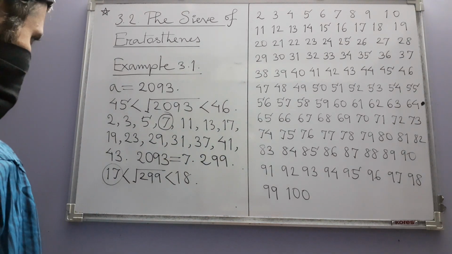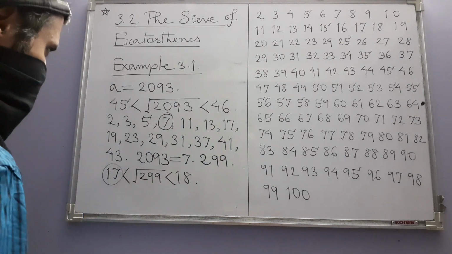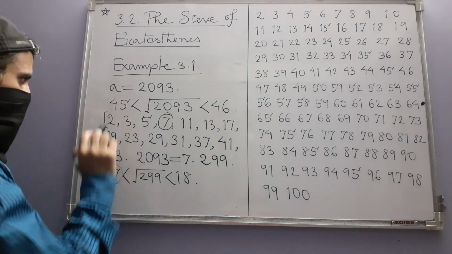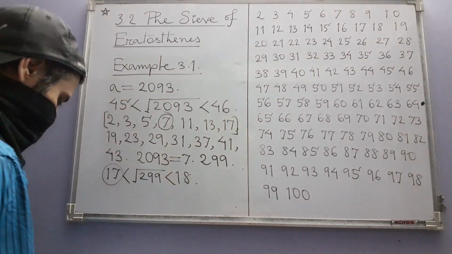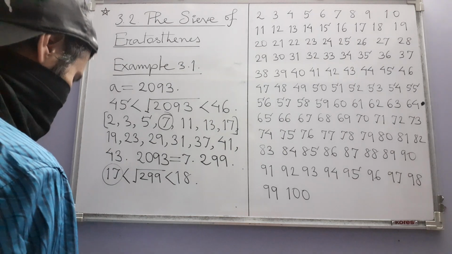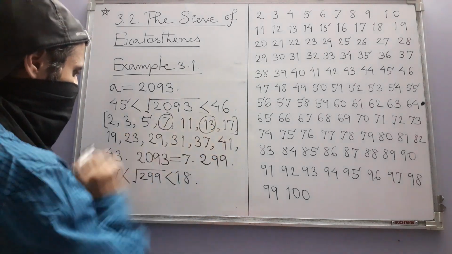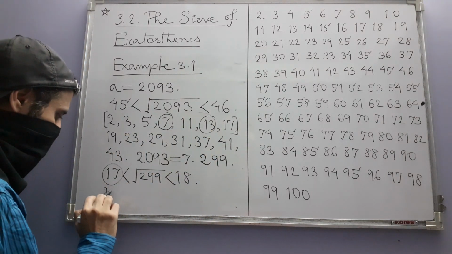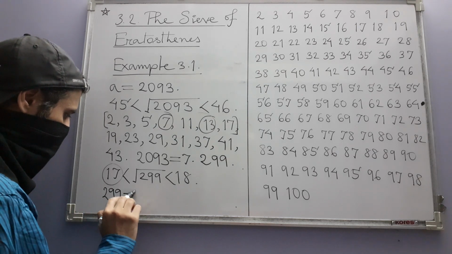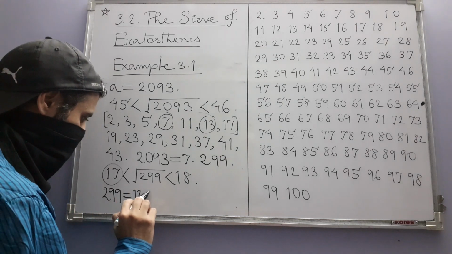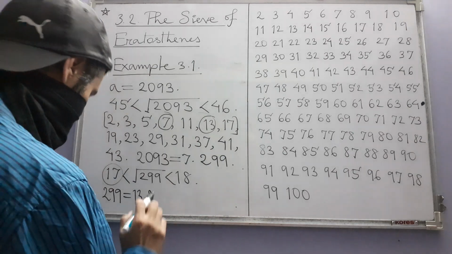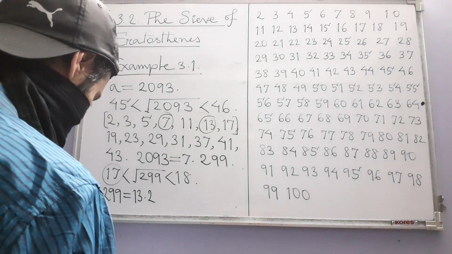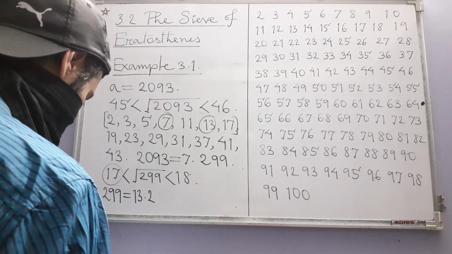And in search for a factor of 299 in this region, one finds that 13 is a factor, and one finds this: 13 times, is it 23 or 29? 23.